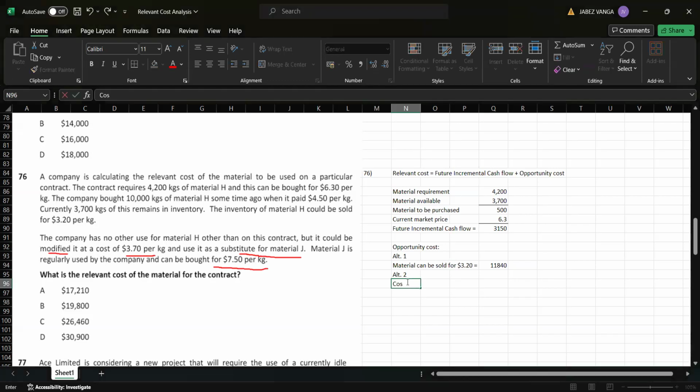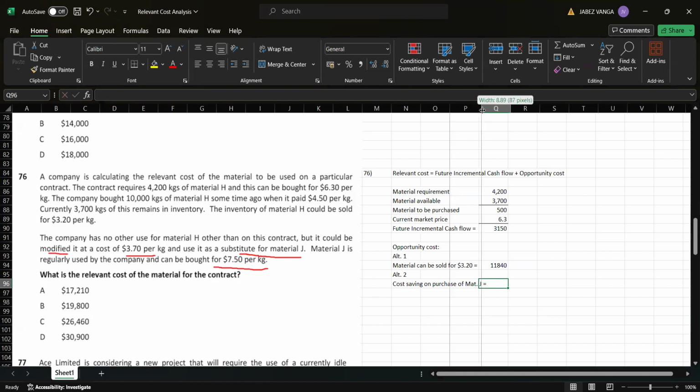We have it as cost saving on purchase of material J. Now, how much is the cost saving?